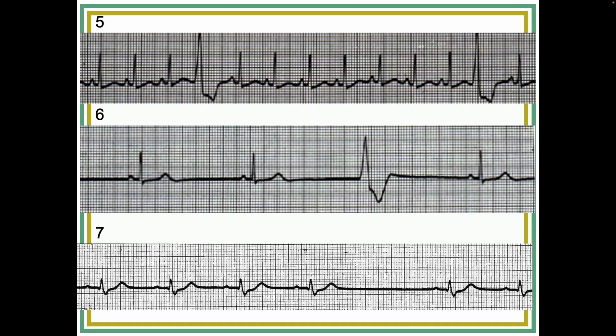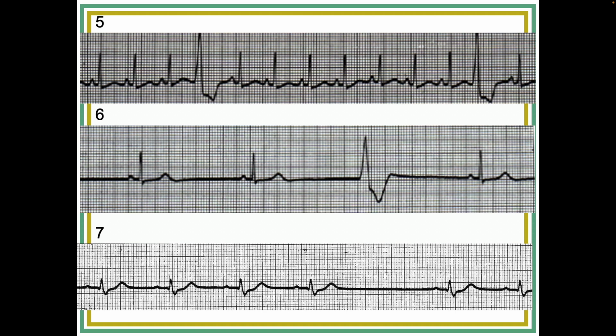What's the underlying rhythm? Let's start with that. What kind of bradycardia? Sinus. Yeah, the only one we've had so far. So the underlying rhythm is a sinus brady, okay? And then what's weird about this one is that the really strange looking beat doesn't look anything like the sinus beats. It doesn't come in early, it doesn't come in late, it comes in pretty much right at the same time. So it's still considered an escape beat, even though it doesn't come in late, because it doesn't come in early.